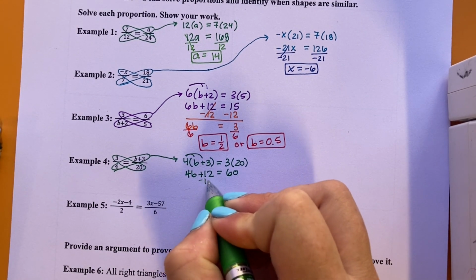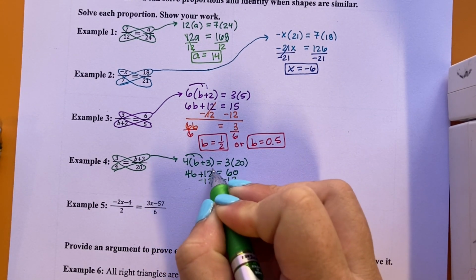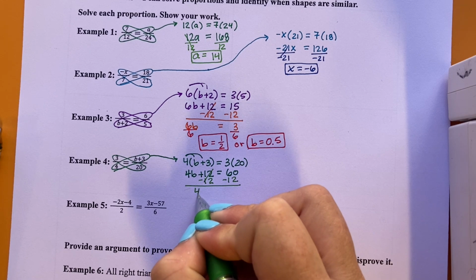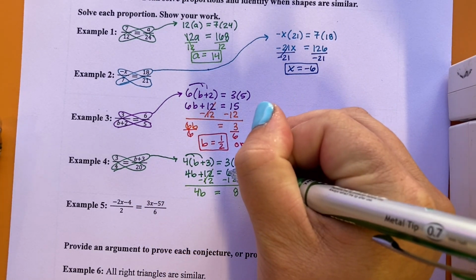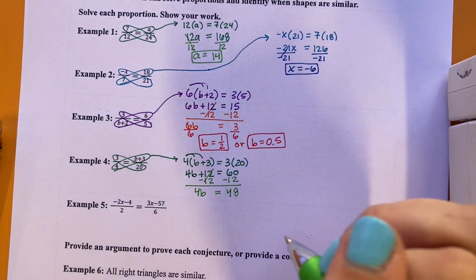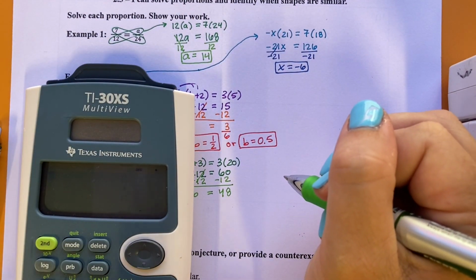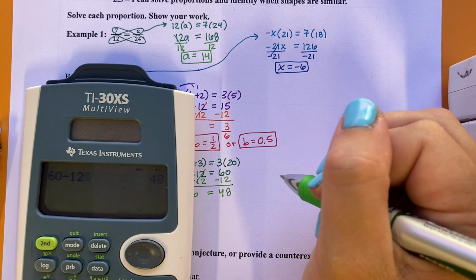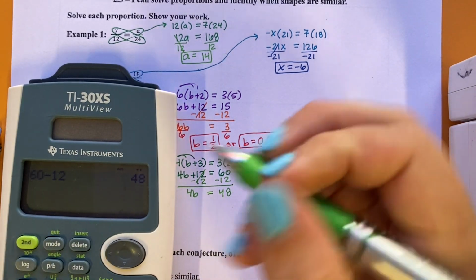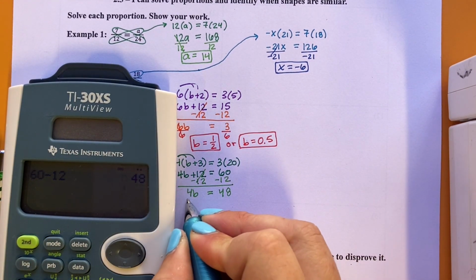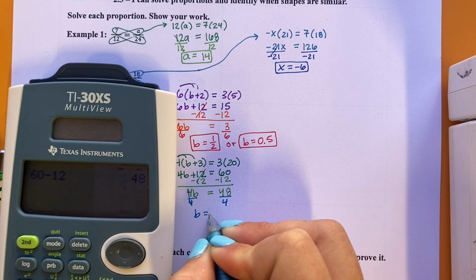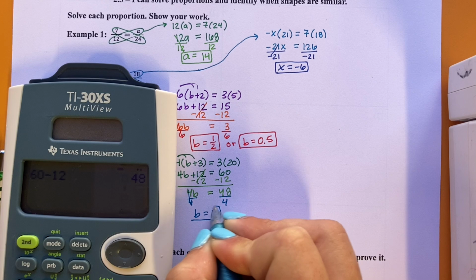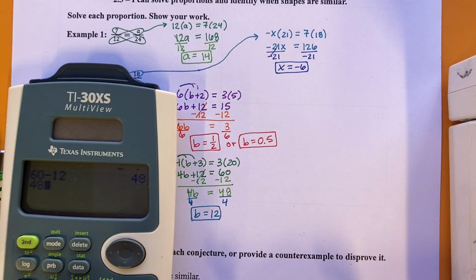We would then subtract the 12. 4b's alone equals 48. I'm going to double check my work. So 60, take away the 12 is the 48. And then we divide by the 4, which would give us a 12.